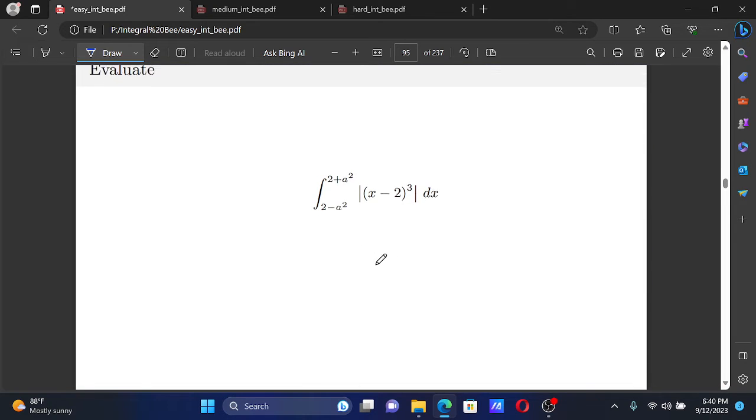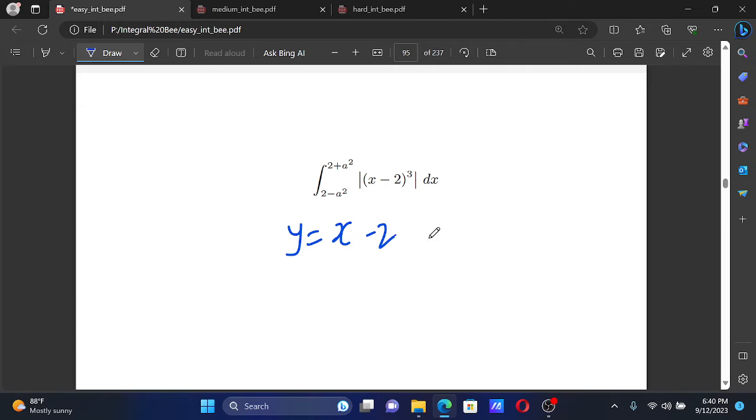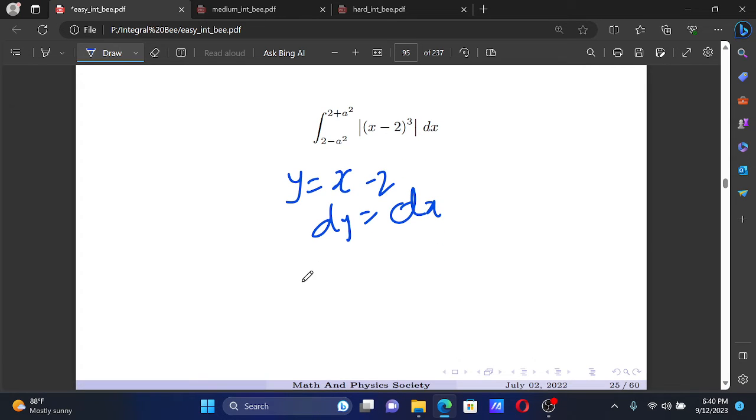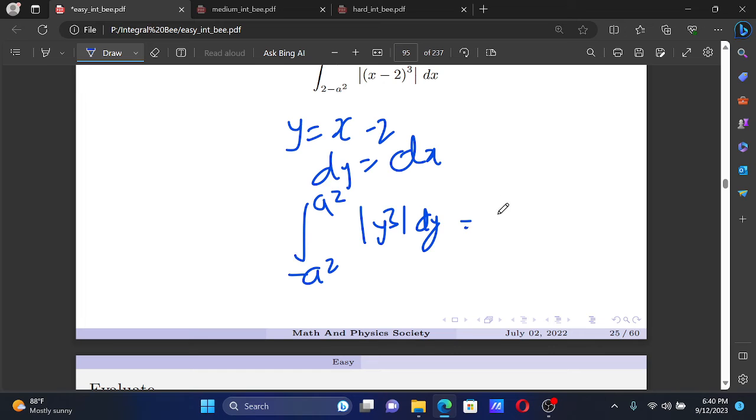Good, next one. For this one, we would first try to make the substitution so that it simplifies. And then we have integral from minus a square to a square of modulus of y cube times dy. Now since y cube is an odd function, but modulus of y cube is an even function, we can say it has 2 times integral from 0 to a square of y cube dy.